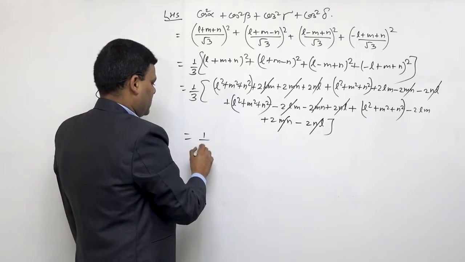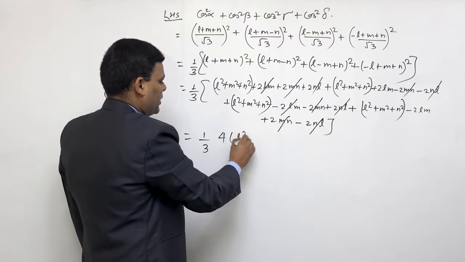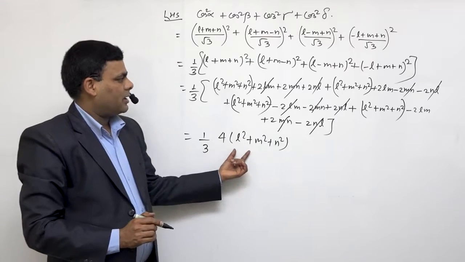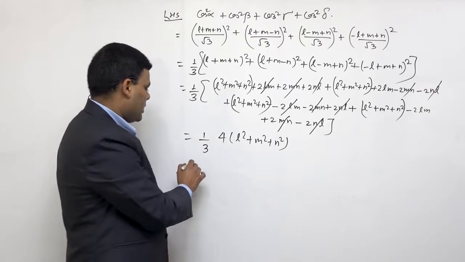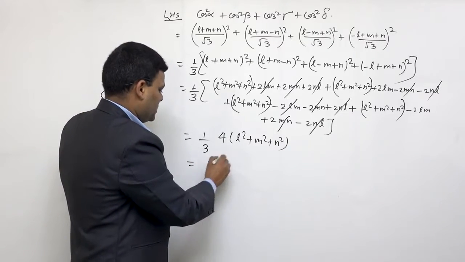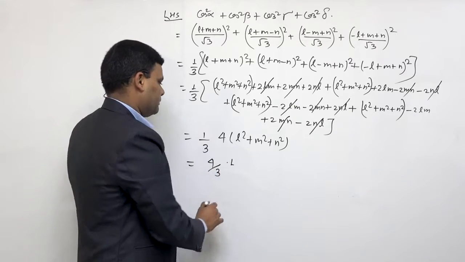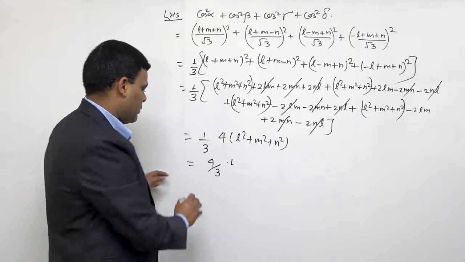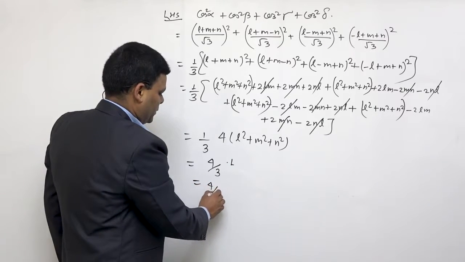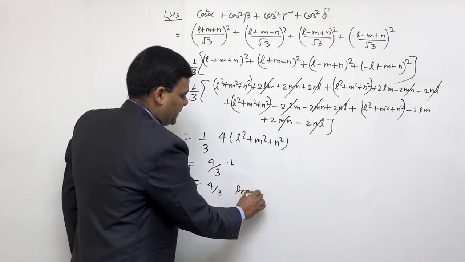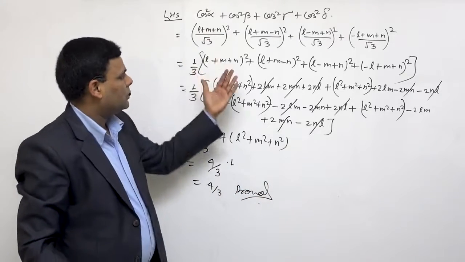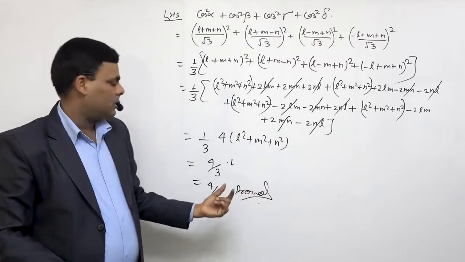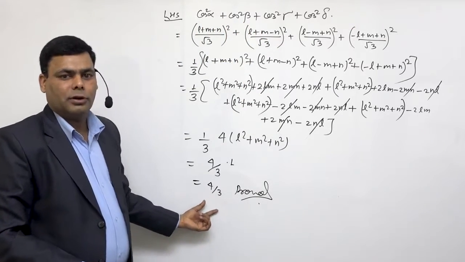In this way we have 1/3 into 4 into L square plus M square plus N square, त्यहाँ चारवटा L square M square N square को सम भएकोले यसो आयो. And we know that L square plus M square plus N square को भ्यालु 1 हुन्छ, यसैले 4/3, proved. हामीले प्रुभ गर्नुपर्ने यही थियो. In this way we have shown that the sum of cos square alpha plus cos square beta plus cos square gamma plus cos square delta equals 4/3.